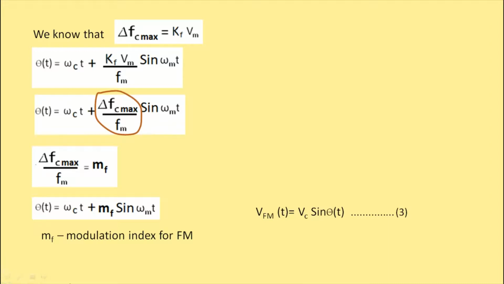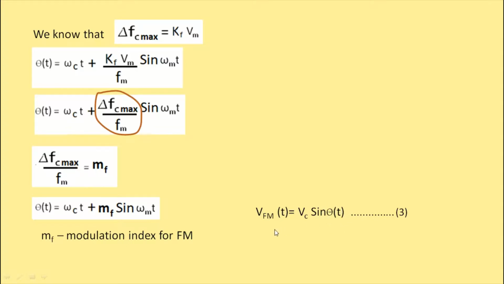Now students, remember this equation which we numbered as equation number 3? Here actually we had defined the frequency modulated wave as Vfm of t is equal to Vc sine theta of t. And till now whatever the steps we derived, they are nothing but the representation for theta of t.